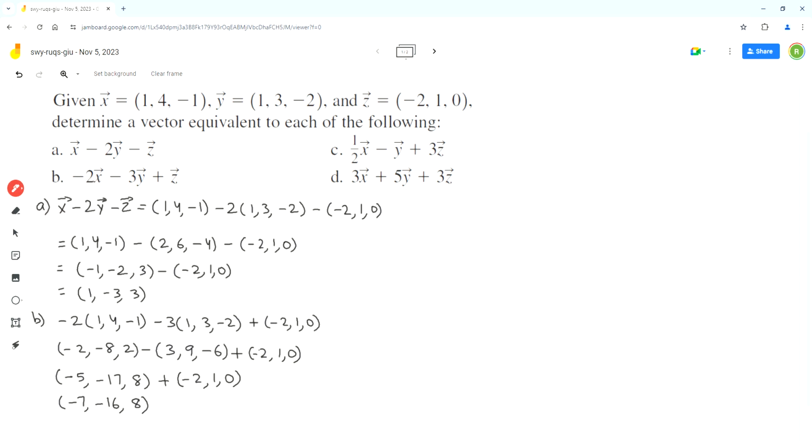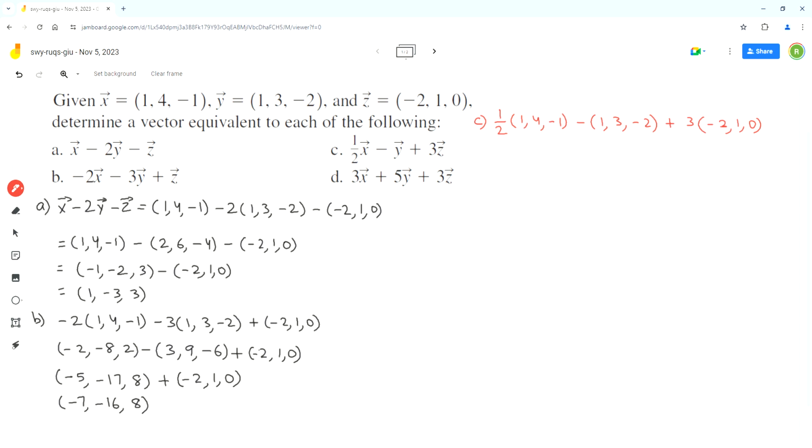Now we can analyze part C. So we'll sub in the x, y, and z vectors in the expression in part C. Now we can do the scalar multiplication.